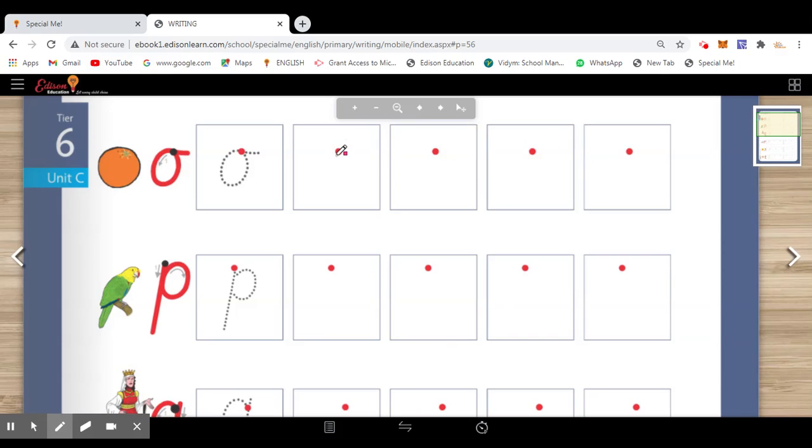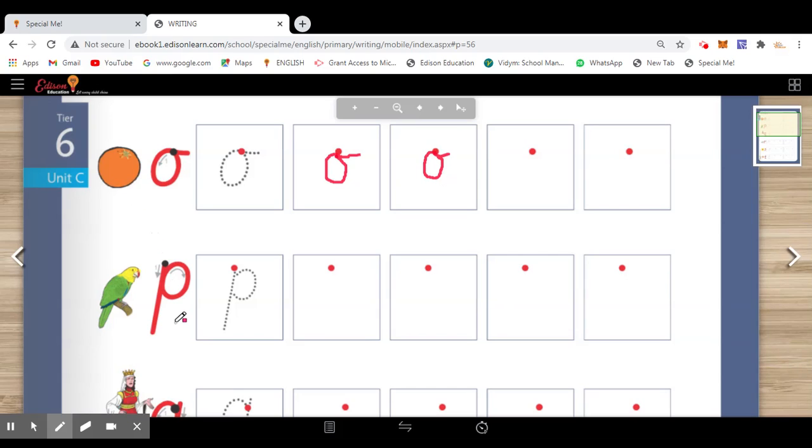So place your pencil on the dot and start making letter O. Orange. Now from another dot also you have to make letter O. So this is a letter O.